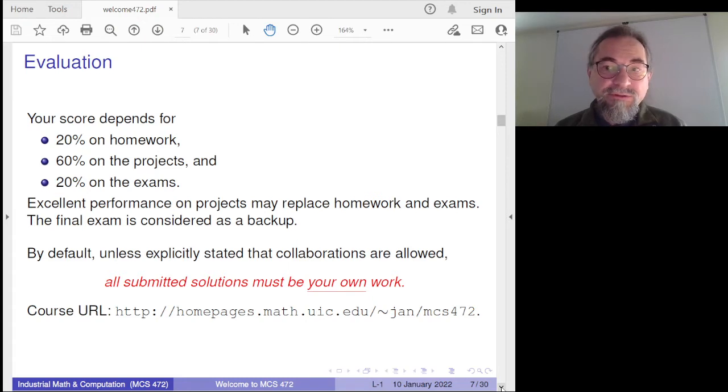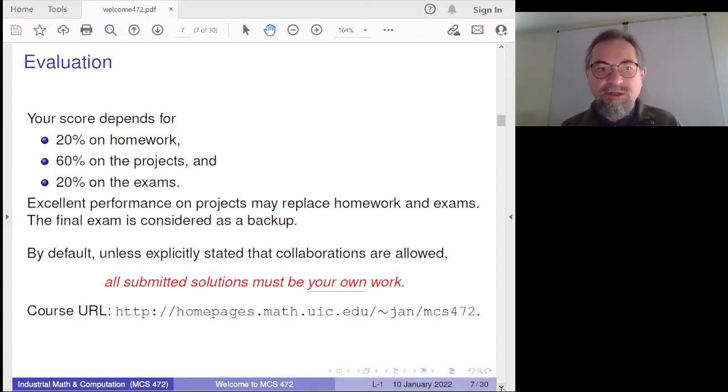It's important that you can write your own solution, that you can explain your own work. So collaborations are encouraged, and we have an enormous wealth of resources that is available. But if you submit a solution, it should be your own work, or you should properly cite your sources.